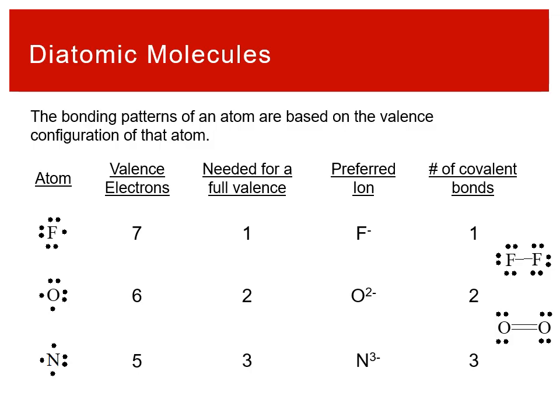Nitrogen had 5 valence electrons. It needs 3 to get that full octet of 8. So if it's going to become an ion, it's going to become N3- because that gets it 8. And if it's going to form covalent bonds, it wants to form 3 of them. So it becomes a triple bond in the case of the N2 molecule. Each atom participates in a triple bond. It gets all 3 of those bonds with 1 other atom, but overall it's going to want to have 3 bonds.